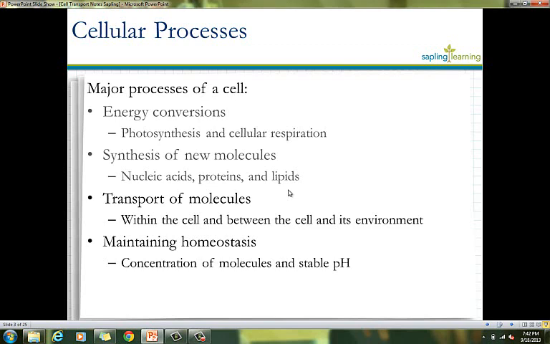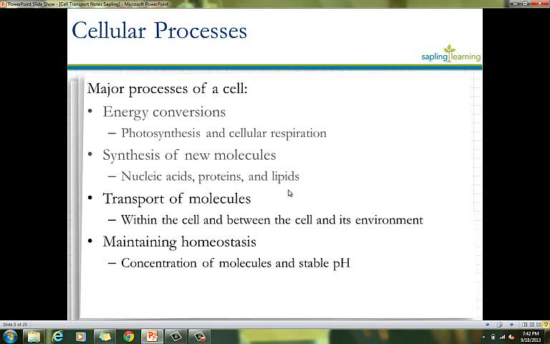All right, there are several processes that nearly all cell types must carry out in order to survive. As you can see, some parts of your screen are grayed out because we haven't talked about these yet. We will talk about these in a later lesson. But the parts at the bottom we will talk about.